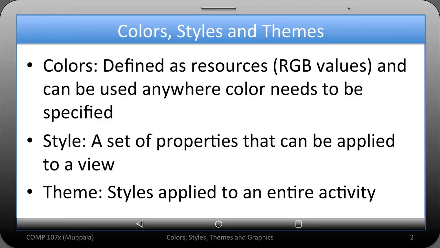Themes are styles that are applied to an entire activity or to an entire application. Using this, we can design the user interface with a much more colorful appearance and also a consistent presentation of information on the screen.